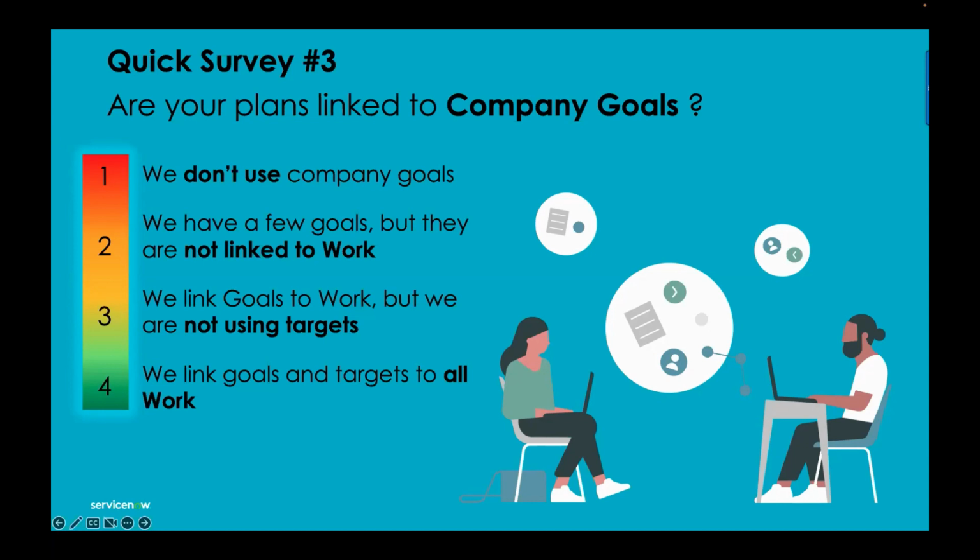I see one that's no link, not even using goals, but not really linked. So there's an opportunity for you in APW here, the 15 of you who said, hey, we're not linked yet. So you'll see how that can be linked. And some of you have it already linked, but you're not using targets in APW. In the new goals framework, we have targets. And so congratulations to the group also that completed all work. That's pretty cool.